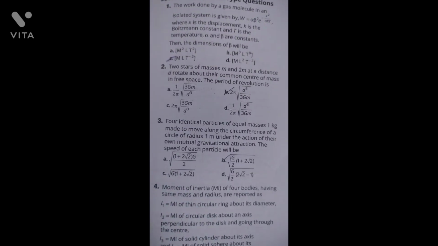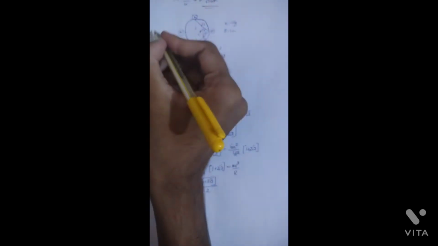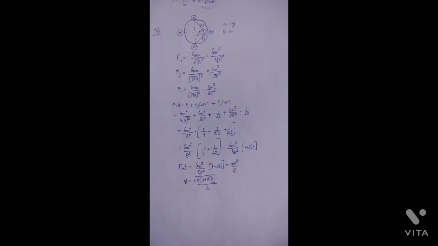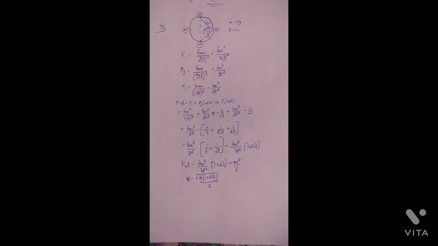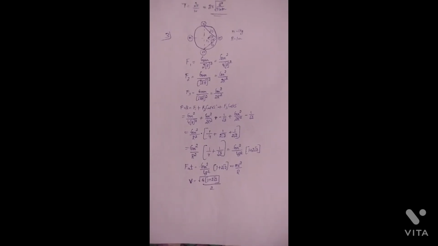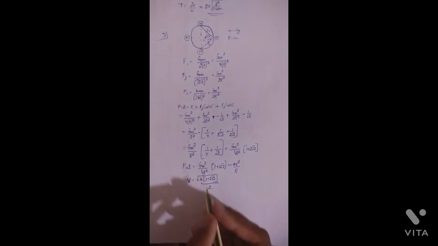So this is how you have to find the answer. This is question number 3. Okay, so this is the third question. We got answer option B. This is the formula we got to calculate it.